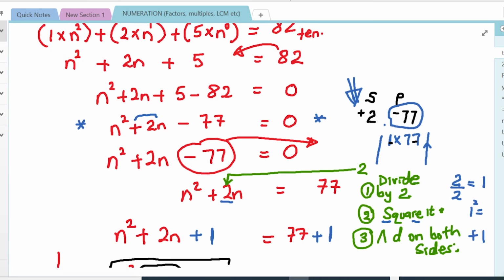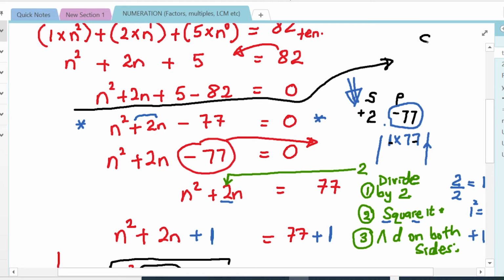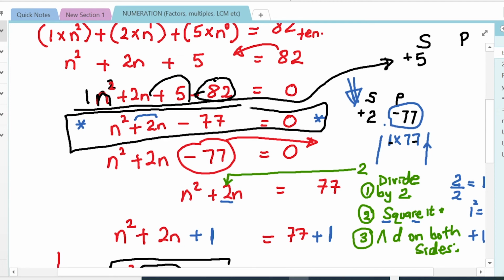We're looking for two numbers giving us a sum of positive 2 and a product of negative 77.